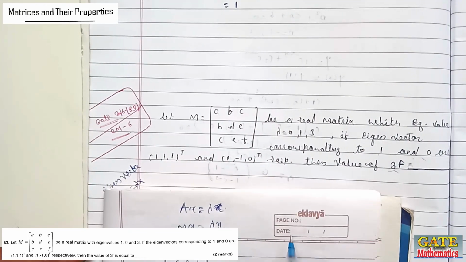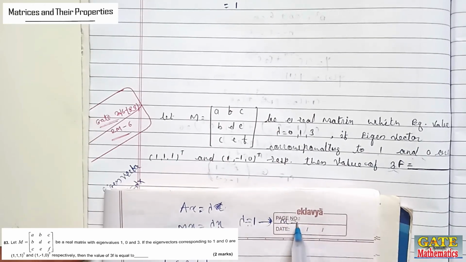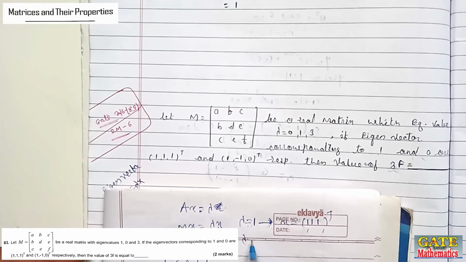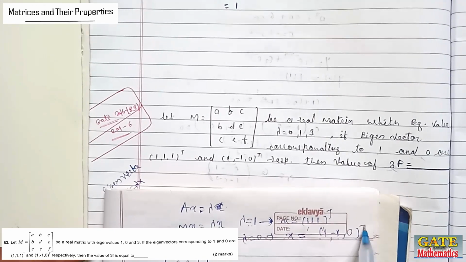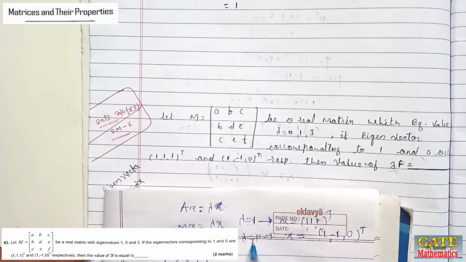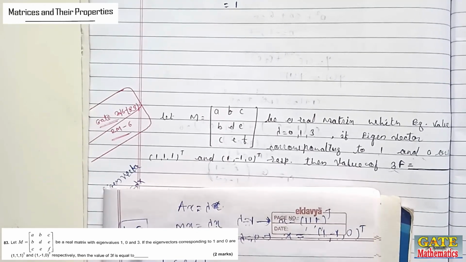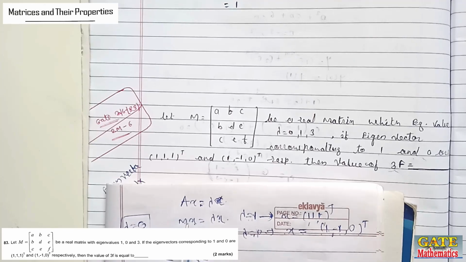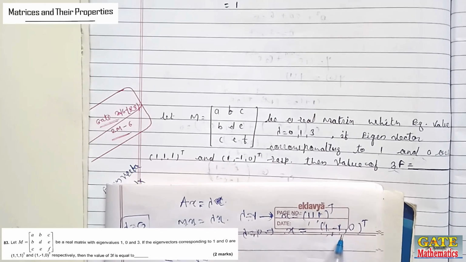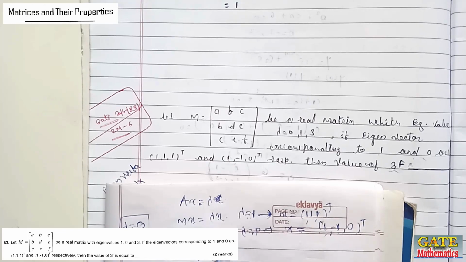That means if I take eigenvalue lambda equal to 1, I get its eigenvector x as 1 1 1 transpose, and if I select eigenvalue 0, I get its eigenvector as 1 minus 1 0 transpose. So these are the two eigenvectors with respect to these two eigenvalues. First, consider lambda equal to 0, and apply its eigenvector with respect to matrix M. So x with respect to 0 is 1 minus 1 0 transpose.